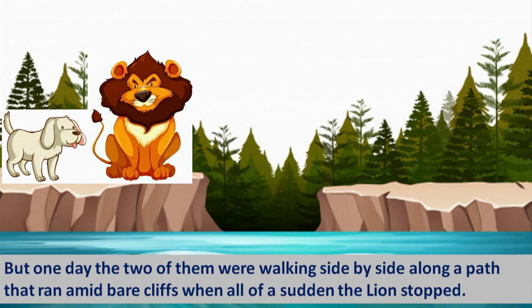But one day the two of them were walking side by side along a path that ran amid bare cliffs when all of a sudden the lion stopped. Children, what is the meaning of cliffs?